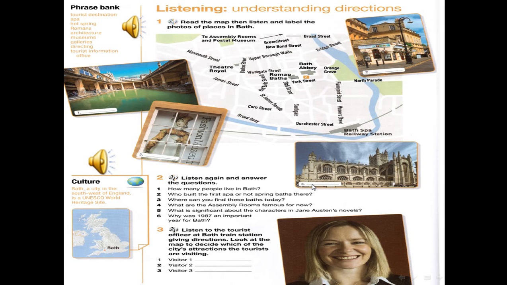Right. Now, as we have heard, you can listen again, once, twice, three times, four times, until you understand the names of these places. Now, before I give you my own answers, switch off the video. Okay, number 1, Roman Baths.